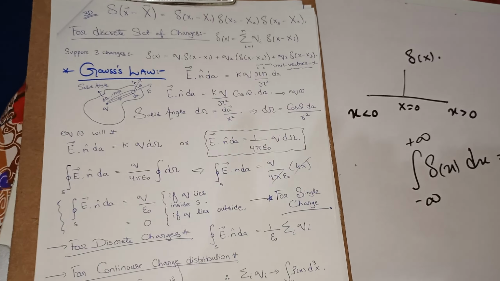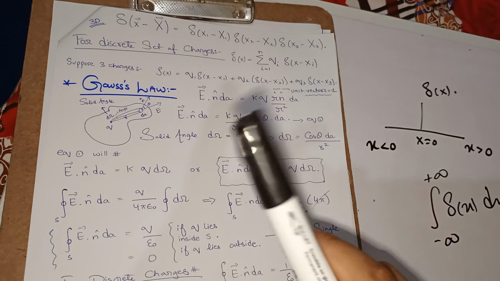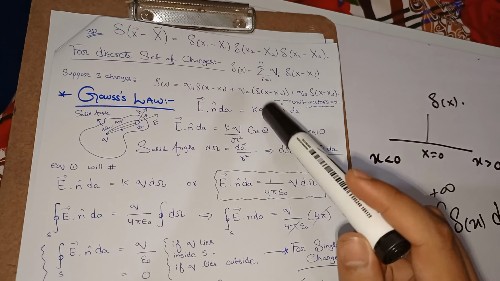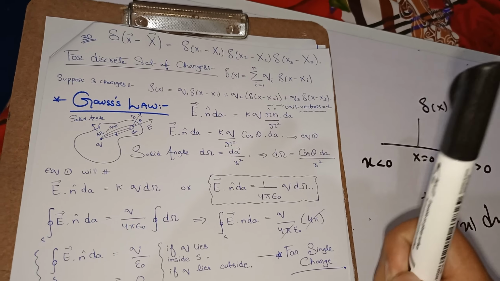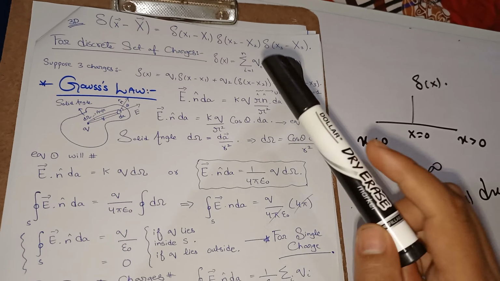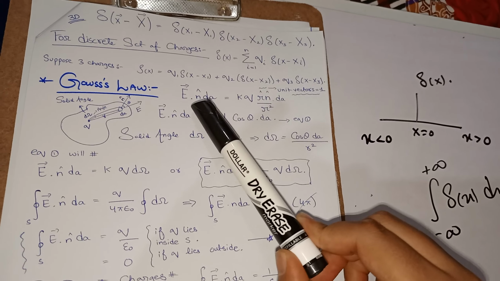For the case of discreteness, you have to take the summation, as we did in the case of continuous. Similarly, you have to take the summation in the case of discreteness if there are n number of charges.